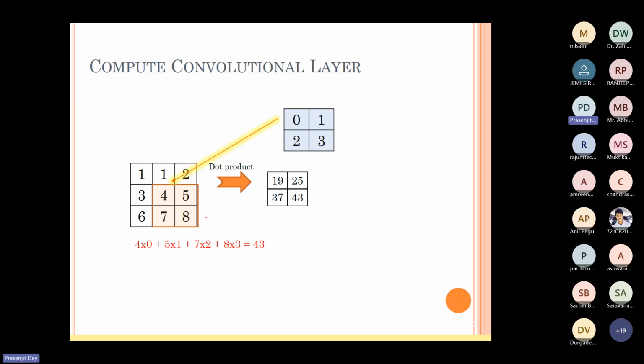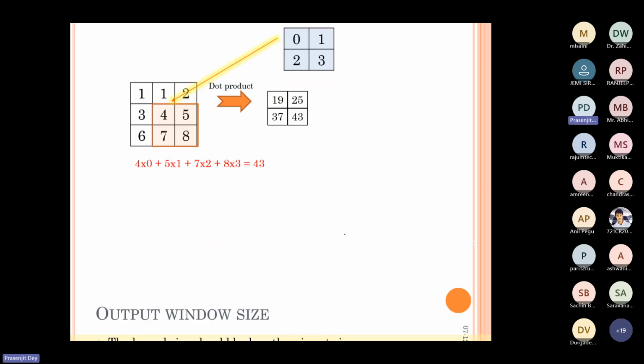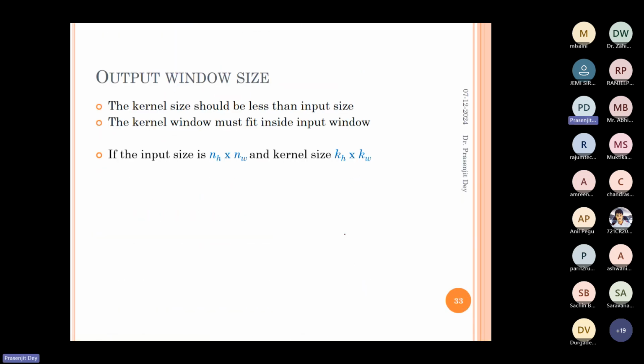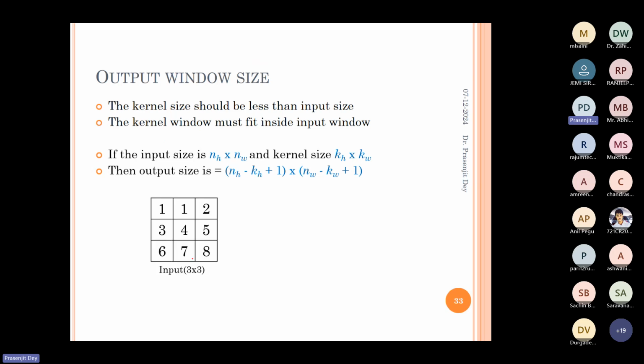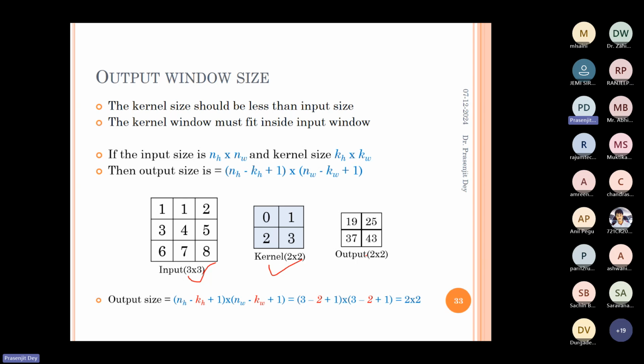All good. So my input layer was 3 cross 3. I have applied a weight tensor or kernel of 2 cross 2, and my hidden representation is 2 cross 2. Very good. So we are losing dimensionality. The input image was 3 by 3, the kernel I have used is 2 by 2, and the output is 2 by 2. So we are losing resolution, and this is the formula. This is the height of my input image, this is the height of my kernel, and plus 1.